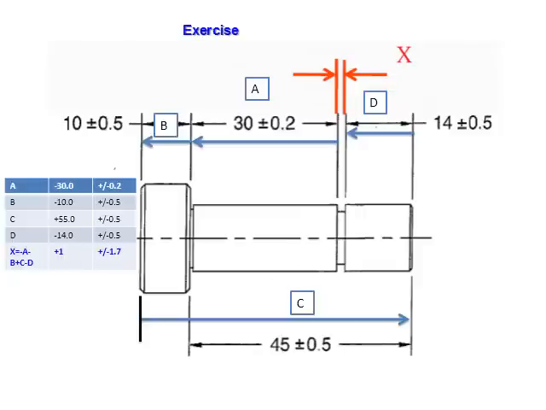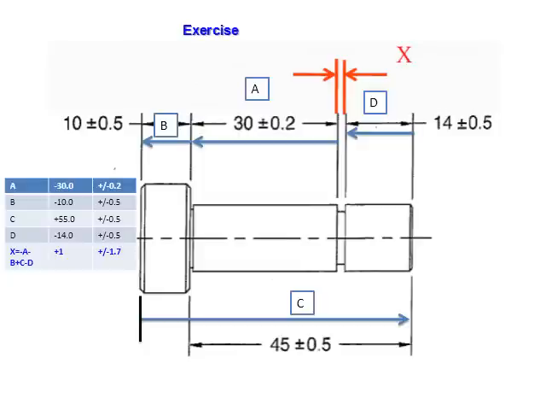It's an example of a stack analysis. Here X is the mark, a gap. We have to find out the minimum and maximum gap or distance. So A, B, C, D are labels of the distances in the stack path, and the stack calculation is done mathematically.